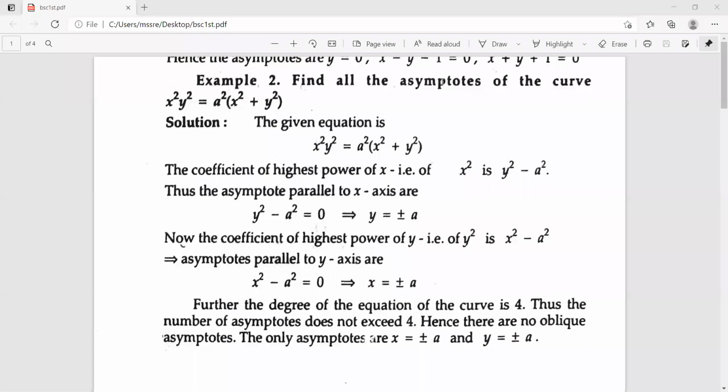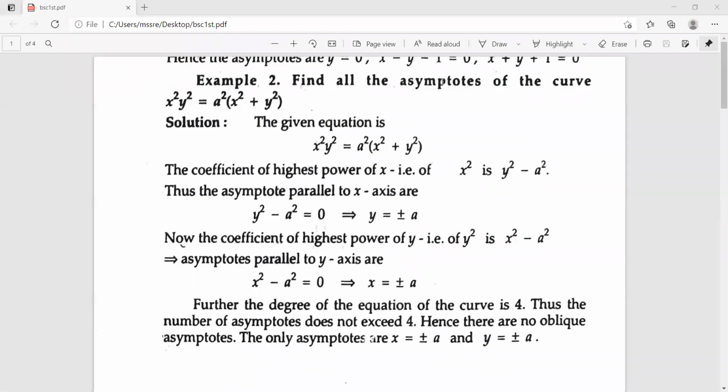You have to find the asymptotes parallel to the coordinate axes first. Next, asymptotes not parallel to the coordinate axes. To find the asymptote parallel to the x-axis, you must equate the coefficient of the highest power of x to 0. There are two terms containing x squared here: one is x squared y squared and another is a squared x squared.